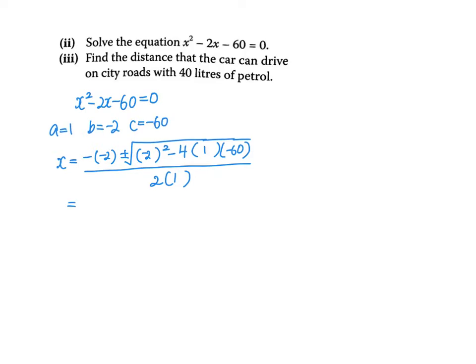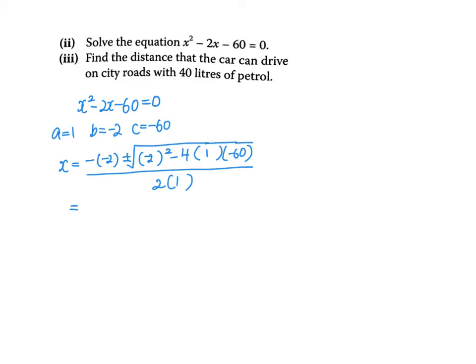Using our calculator, we have mode 3. We can use the quadratic equation formula, and hence we'll be able to get our solution to be 8.8102, or the second solution, negative 6.8102.